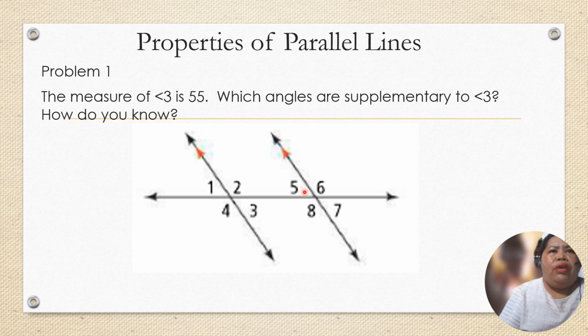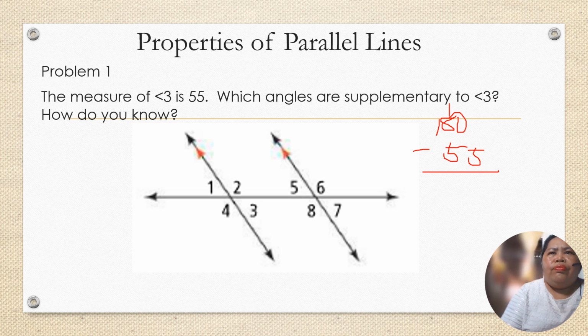For example, we have the measure of angle 3 is 55. Which angle is supplementary to angle 3? Of course, the angle that is supplementary is angle 2. Because if it is 55, then this must be 180 minus 55.